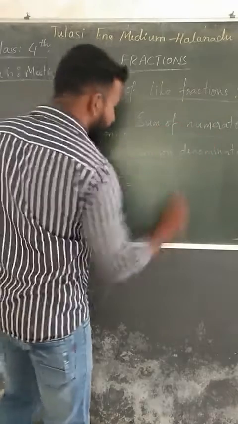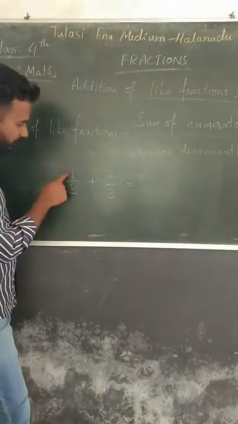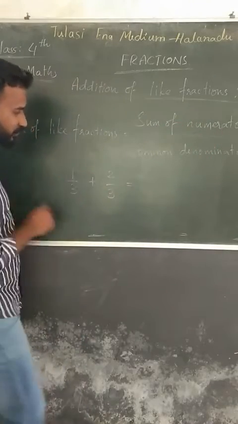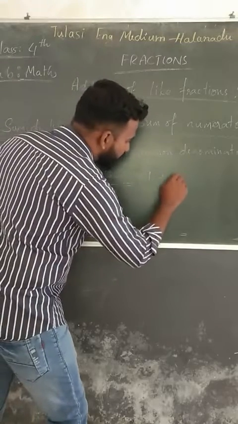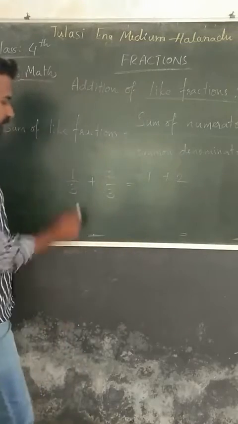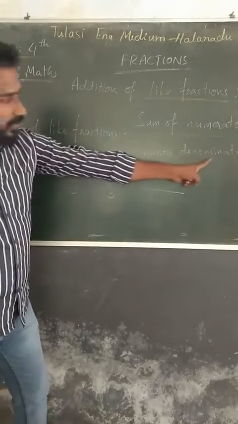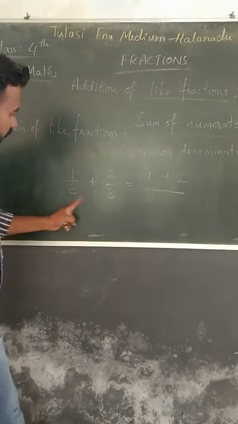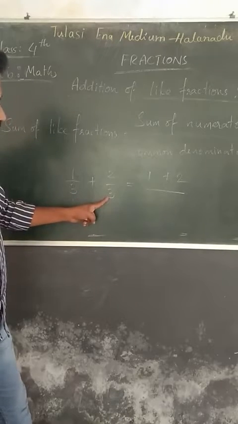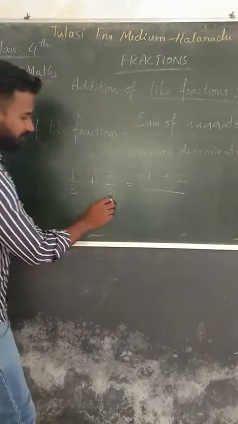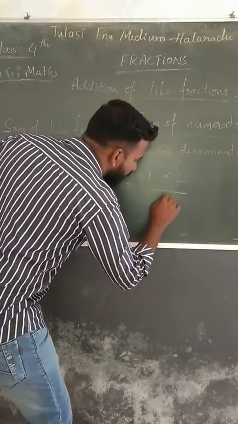The sum of the like fractions is the sum of the numerators: numerator 1, here numerator is 2, so 1 plus 2. Common denominator: 3, 3. The denominator is the same, so it is the common denominator.